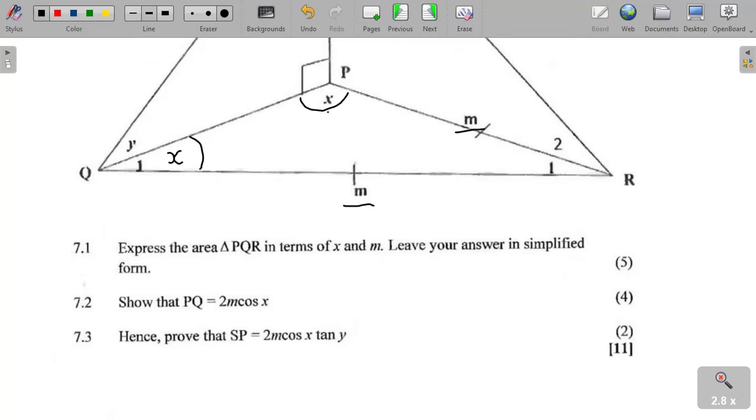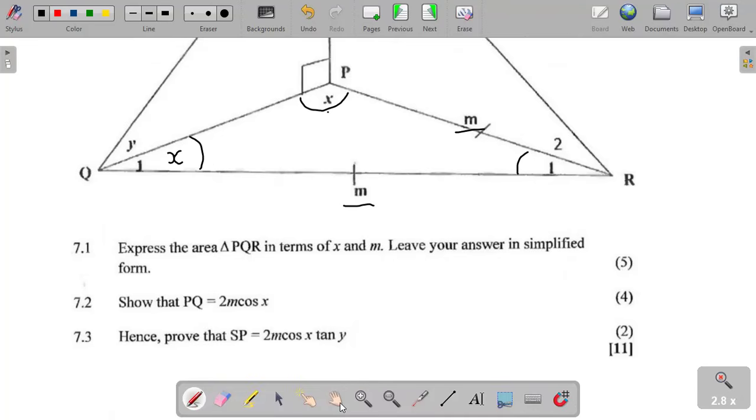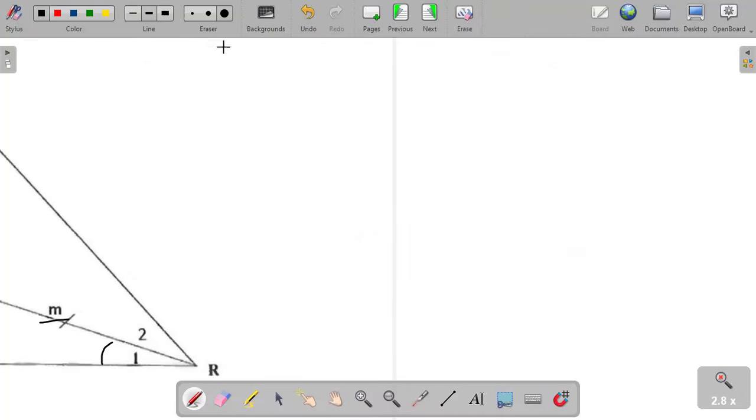So if we want to get angle PRQ, 7.1, it will be 180 degrees minus 2x.